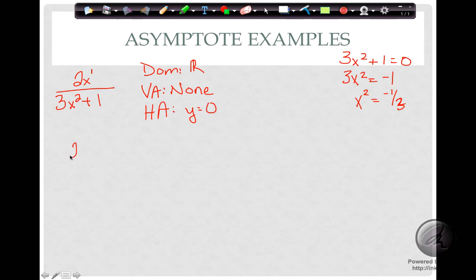If I was to do the same type of example, and let's make both of those squares. That's supposed to be a 1.